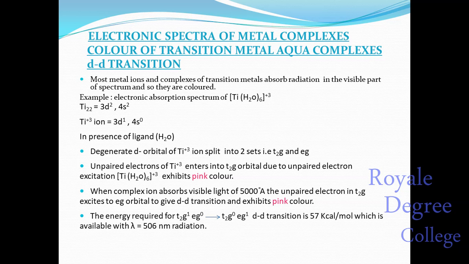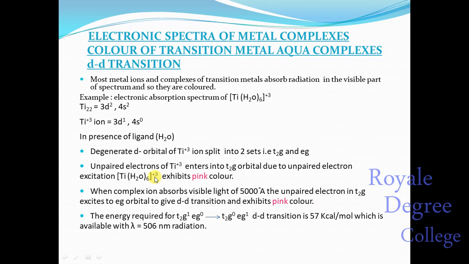Why are they entering into the t2g orbital? Due to unpaired electron excitation. Because of that reason, the titanium ion's unpaired electron enters the t2g orbital and the formation of the complex takes place. That is the complex ion we are getting, [Ti(H2O)6]3+.